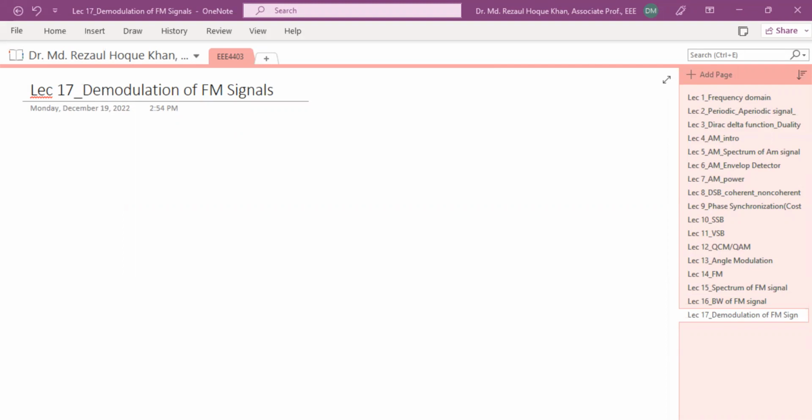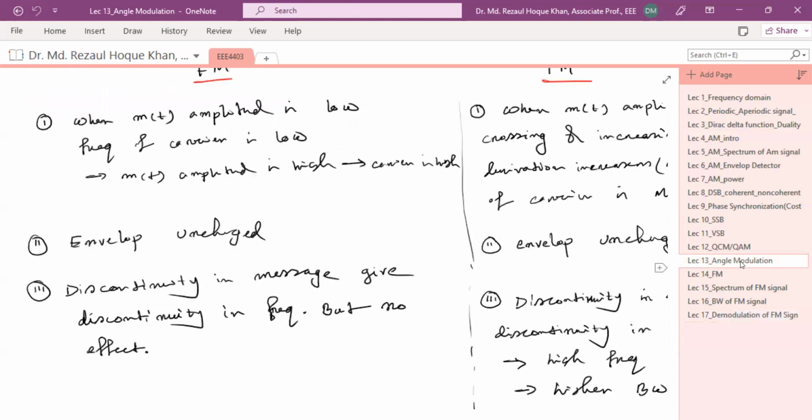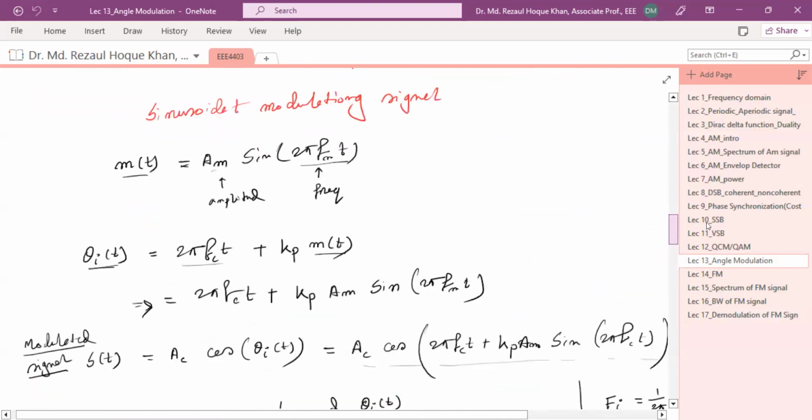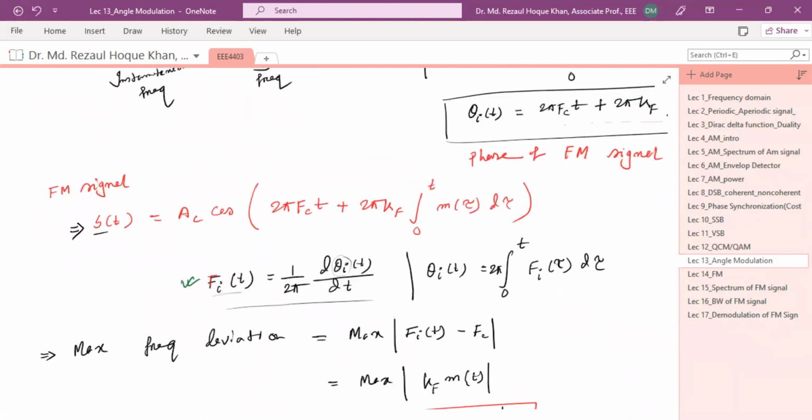So frequency modulated signal demodulation is the topic. This frequency modulated signal can be demodulated using a differentiator. We have seen in our angle modulation lecture how we describe the frequency modulated signal. So here we represent our frequency modulated signal.